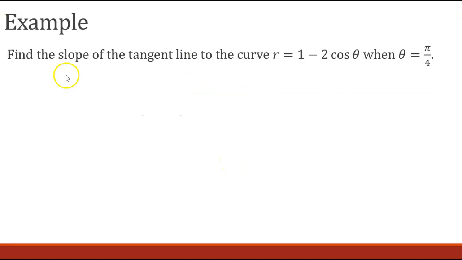All right, let's do an example. Let's find the slope of the tangent line to the curve r equals 1 minus 2 cosine theta when theta is equal to pi over 4. We'll start by saying we want to find dy dx.